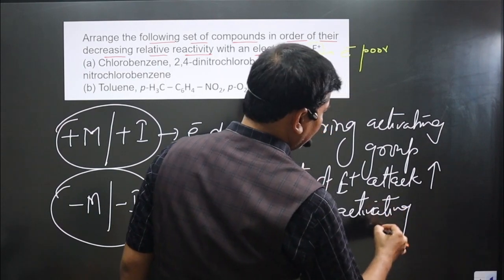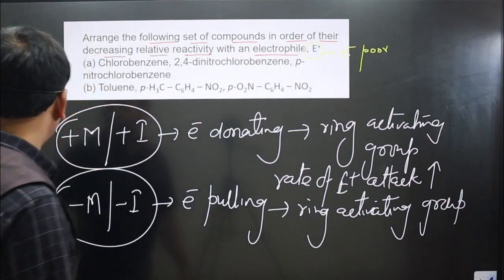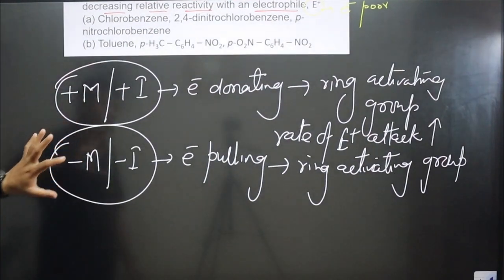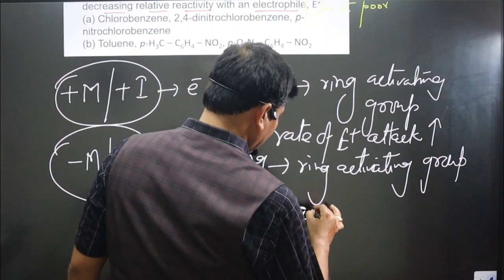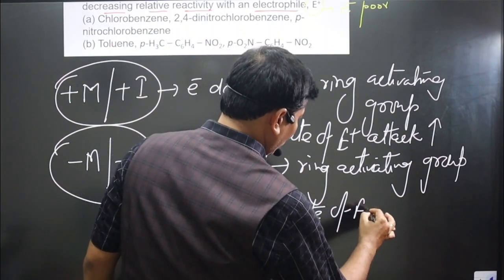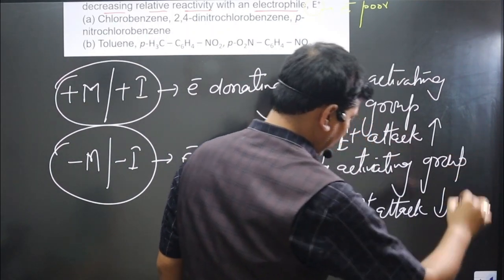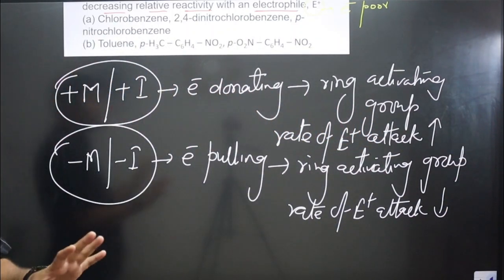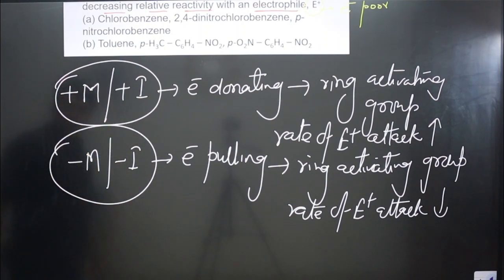These are known as ring deactivating groups, and hence they decrease the rate of electrophilic substitution reaction, and decrease the rate of electrophile attack on the benzene ring. Remember, very important information. Based on this information, we can answer this question.